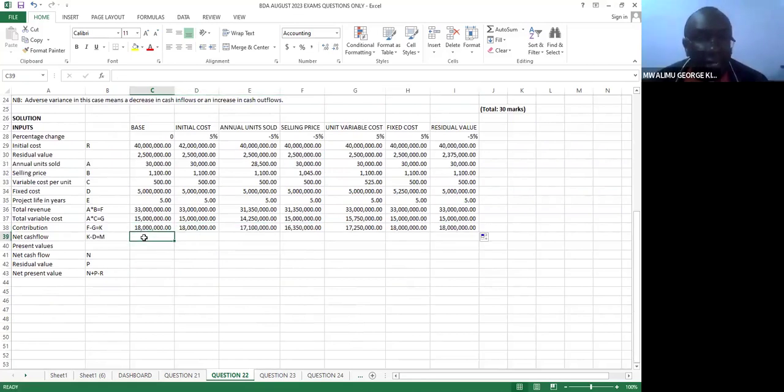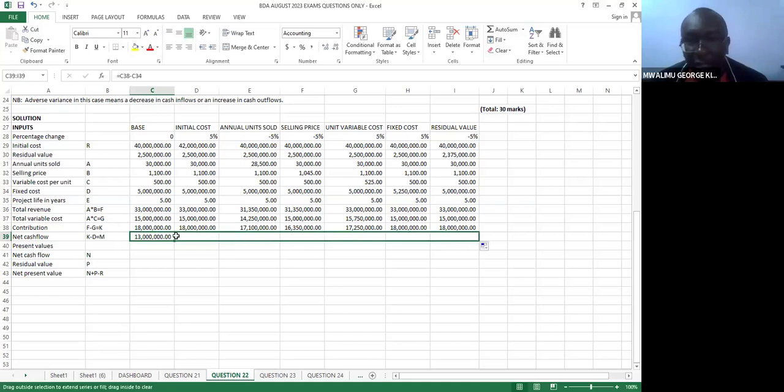So the net cash flow is like what we call the net profit. It is the contribution minus the fixed cost. So we are going to say it is equal to this contribution, you minus the fixed cost, which was here, that way. Then now this one, we copy all the way to here.